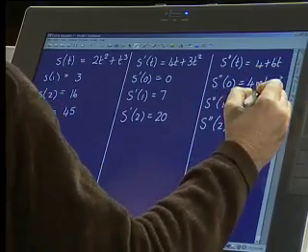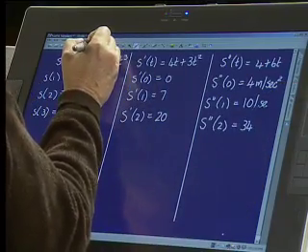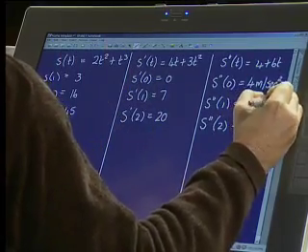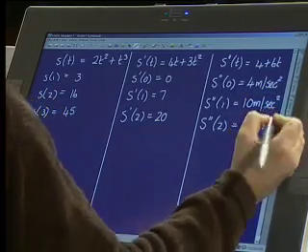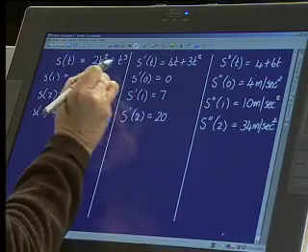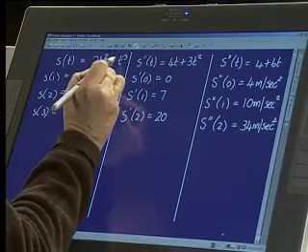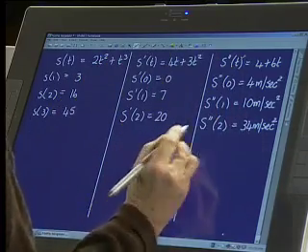Then at 1 second, it would be 10 meters per second squared, and 34 meters per second squared. So please notice that if you have a function of order 3 or higher, your acceleration will not be constant, it will still be variable.